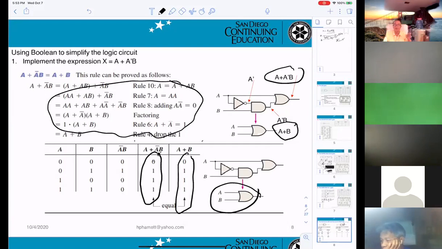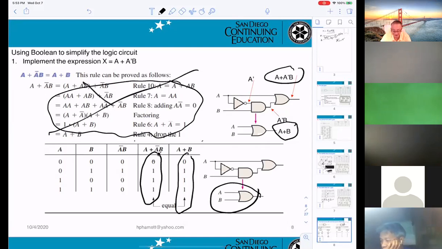Before you try to draw the circuitry, you need to simplify, to get fewer gates and do the same output. Remember, don't care about that calculation here. It's very tough using Boolean, and they no longer use it.